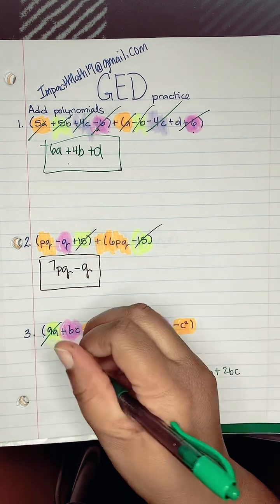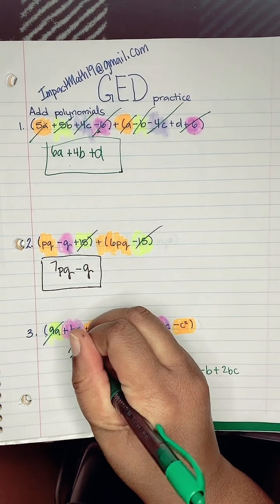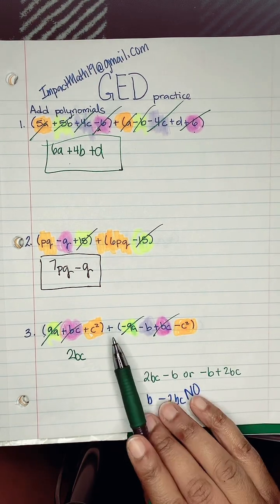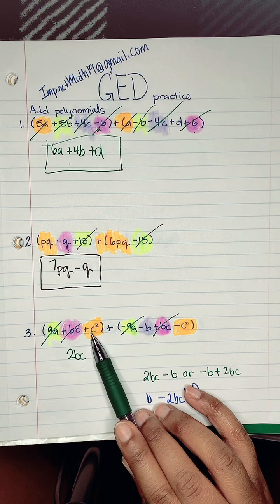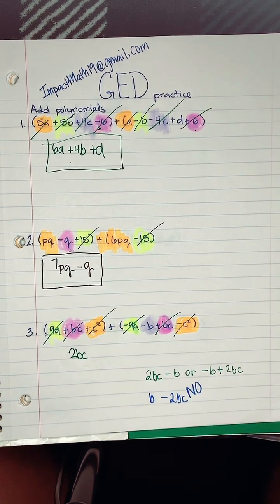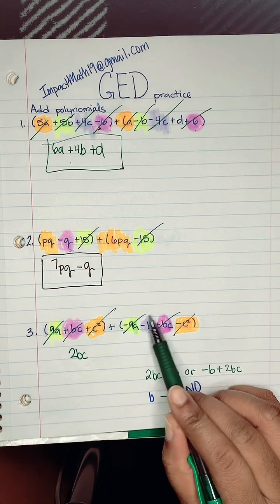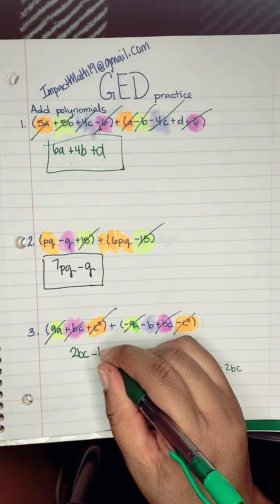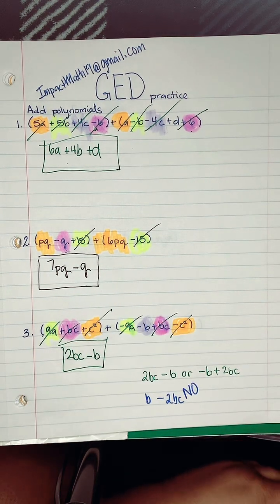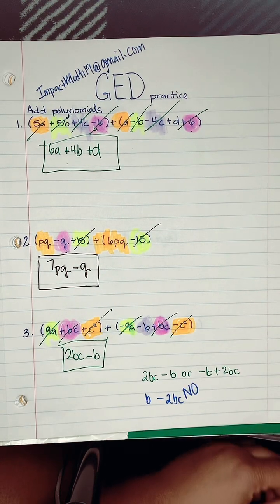How many BCs do we have? We have 2 BCs, okay? Then we have 1 positive c squared minus c squared. So 1 minus 1, they cancel. And then we're left with our 1 purple, which is negative b. And that's how we get this answer. Ask your question again because I'm not quite understanding it.